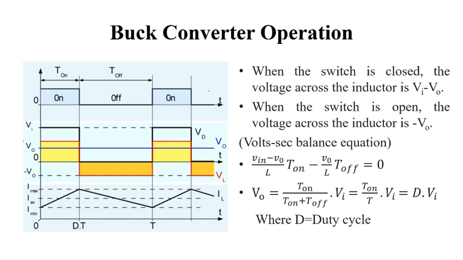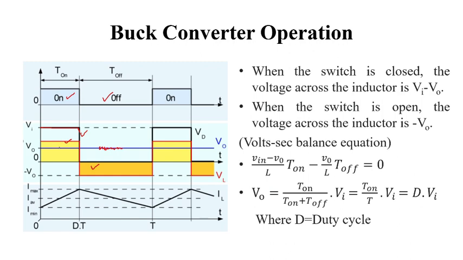these are some waveforms. This is the on time, this is the off time, this is our input voltage, and this is our output voltage. The blue line is our average output voltage, and the yellow area and dark yellow area are your inductor voltage.